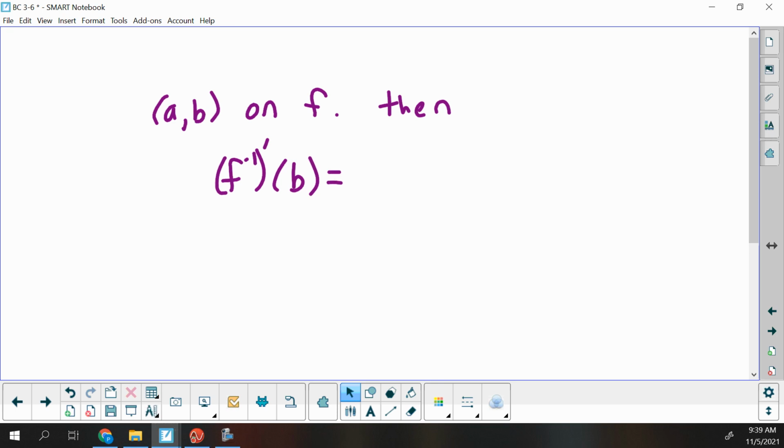So you've got a point (a, b) on the original f. In your inverse, if you take the derivative at b, now the reason we're using b is because although b was a y value in the original, b is where the x value is in the inverse. That's why we're doing it at b. So see if you can, either on your own or with someone around you, come up with what that should equal.